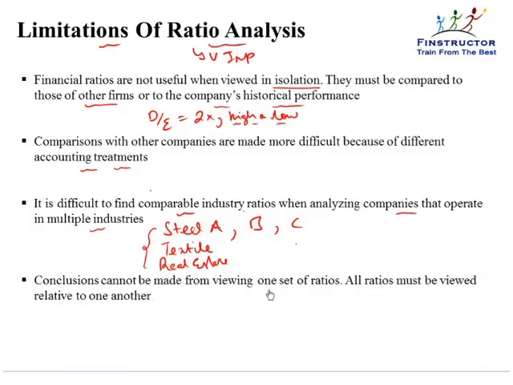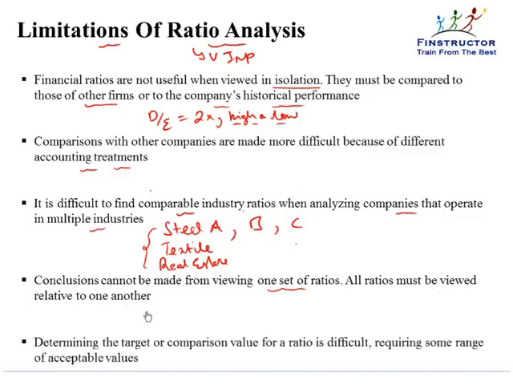Now, one set of ratios will never give me the complete picture. So conclusions cannot be made from viewing just one set of ratios. All ratios must be viewed relative to one another before I can make an overall judgment about the company. And last but not the least, determining the target or the comparison value for a ratio. So for example, let's assume the debt equity ratio is what we are trying to compare or make a judgment about.